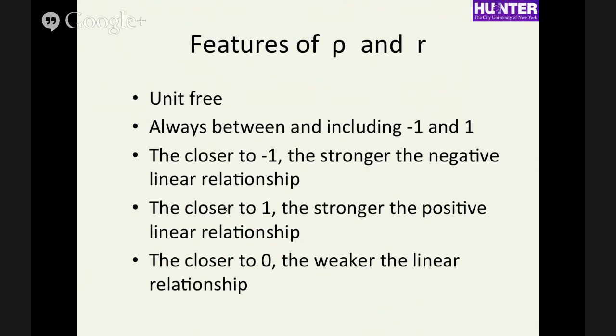The Pearson correlation coefficient, the population one rho and the sample one r, are unit free. Regardless of whether your variables are in kilograms or grams, or one is kilograms and the other is centimeters, Pearson's correlation is unit free.